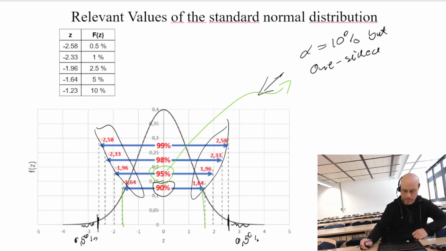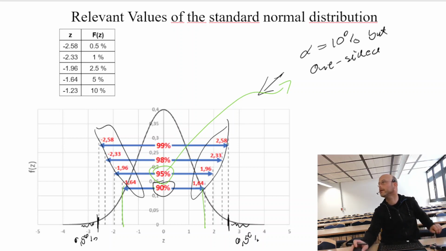Am I right? Sorry. 95, 2 point, no, sorry. I need even more, up 10% level, because then I have 2.5 only.